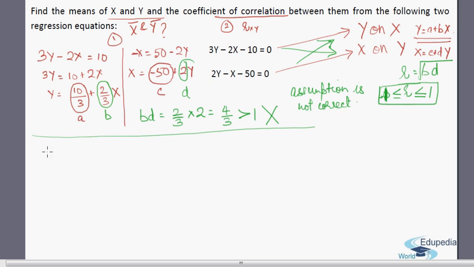So let's now reverse the assumption and assume that your equation y equals a plus bx, that is the equation of y on x, is the second one, that is 2y minus x minus 50 equals 0. So let's write it in the standard form. We'll have 2y equals 50 plus x, or y equals 25 plus 1 by 2 x.